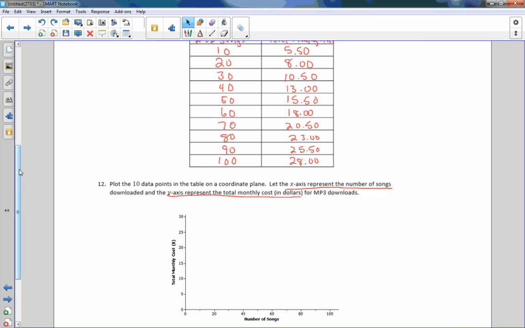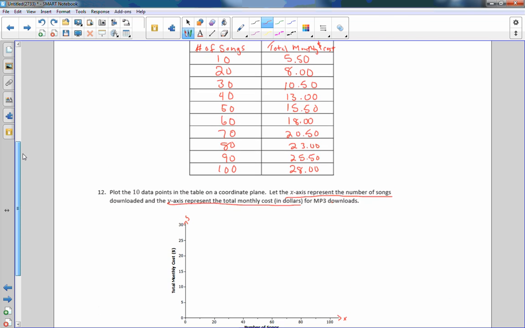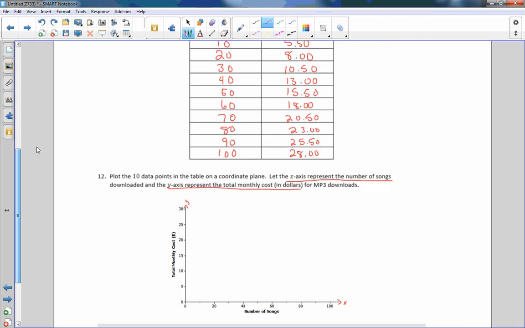Okay, so here's a table. So we have the x-axis, number of songs, y-axis, total monthly cost in dollars. Always label your axes. This should be a y, this should be x, and then substitute in your values. So I'm going to start out with number of songs 10, $5.50.